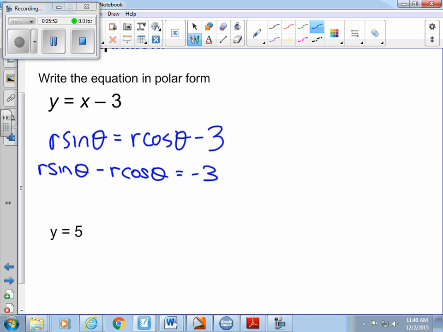You've had to do this a couple of times with some big stuff. Factor the r. And one more step. Ready? Divide.